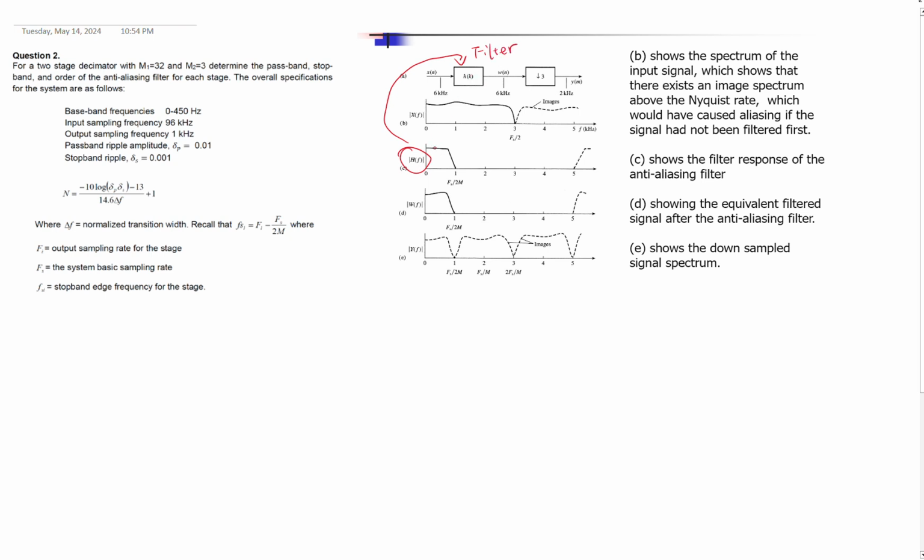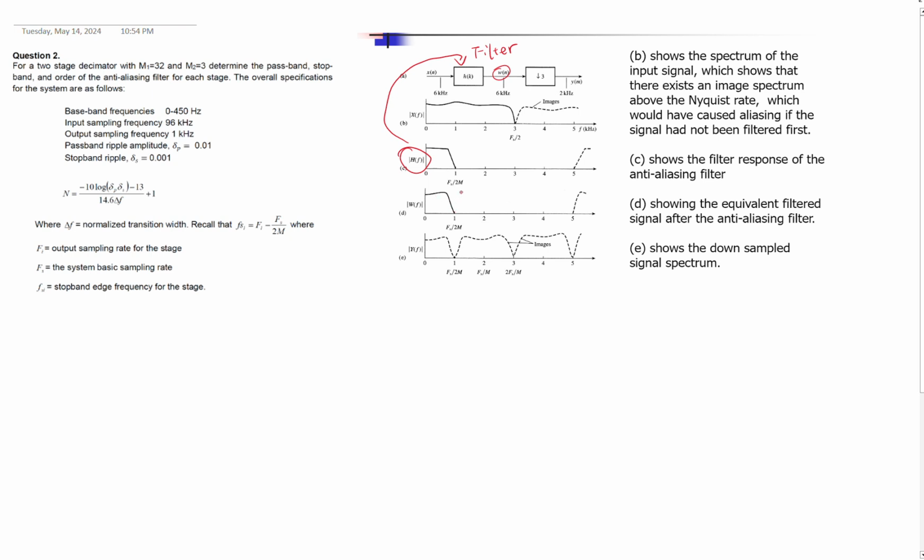The filter looks like this, and actually this question is asking us to design this filter. So the original signal x[n] goes through this filter, and it becomes the result here. That's the spectrum at w[n].